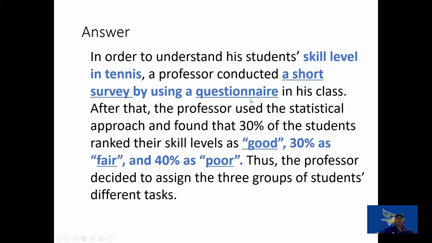A survey questionnaire is the test that we used to find that measurement. And then our evaluation would be the categories that we're going to give the students. So good, fair, and poor is how we evaluate them based on our test, based on the measurement that we're trying to see. We're trying to see skill level. Good, fair, and poor are the categories of skill within this situation.